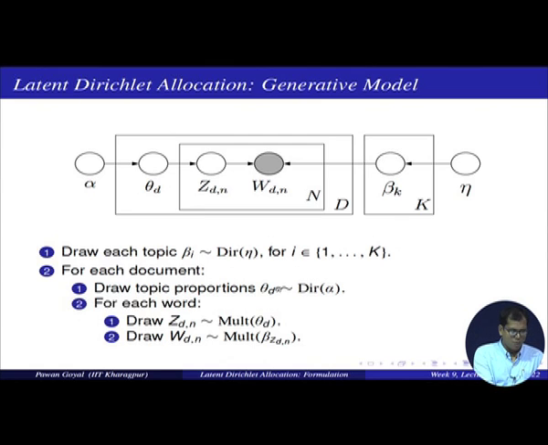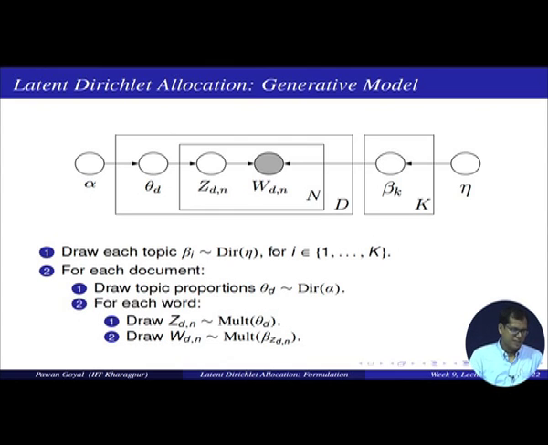So you draw a topic proportion, and then for each word in my observation, for each word, you draw z_dn from a multinomial distribution over theta d, and draw a word from this. So draw a topic and then draw a word from this multinomial distribution over beta z_dn.